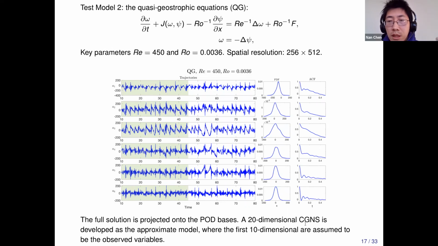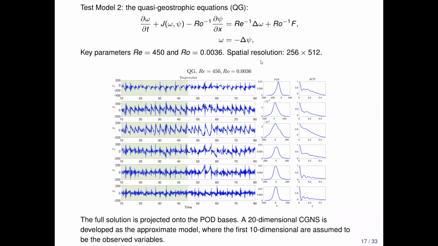We want to use this conditional Gaussian nonlinear system to do data assimilation to recover those hidden variables. Note that the original system is much bigger than these 20 dimensions, so we also want to use this cheaper model to reduce the computational cost. Of course, we could start with the full model to do data assimilation, but it's so expensive. I don't know how long it would take to finish the numerical simulations.